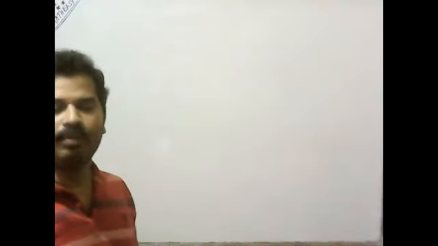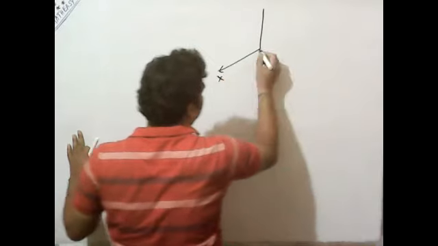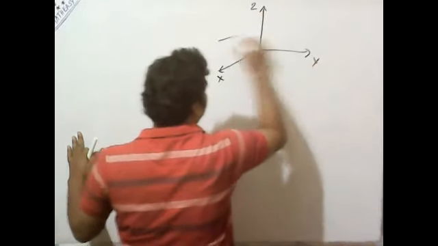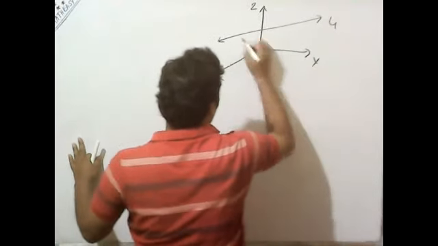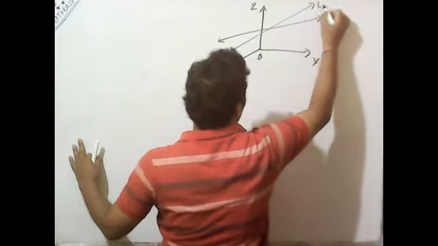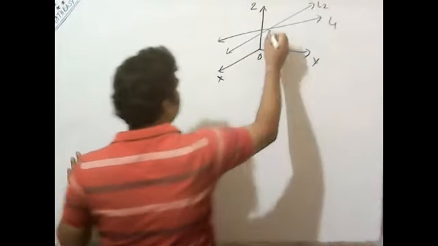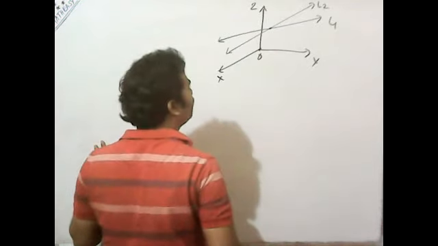Suppose two lines are not passing through the origin, then what will we do? This is the x-axis, this is the y-axis, this is the z-axis. The line is here. This is L1 and this is L2. If this line is passing through this point, then it is not passing through the origin.